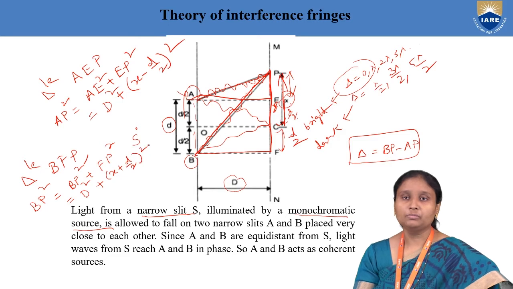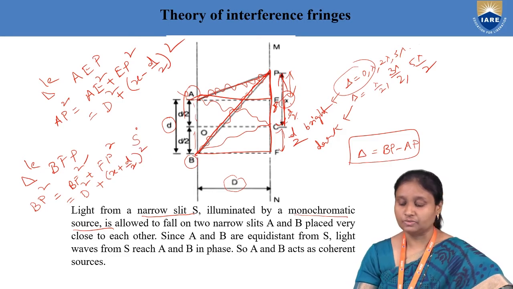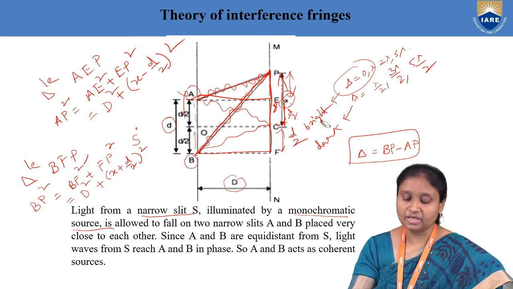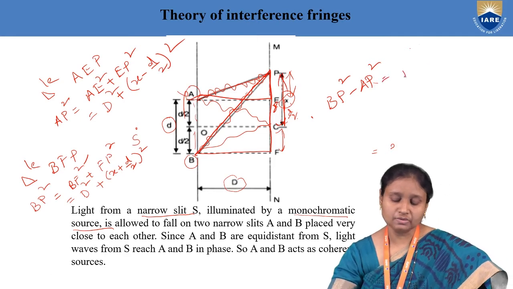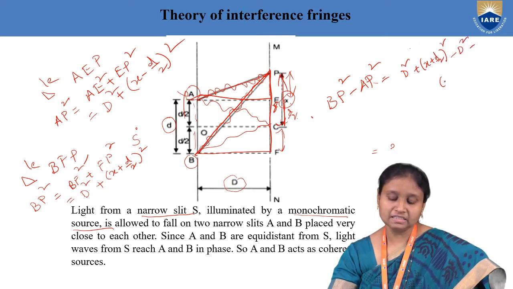Then after that, I am going to find BP square minus AP square. Once I take this BP square minus AP square, we get d square plus (x plus d by 2) whole square, minus d square, minus (x minus d by 2) whole square.